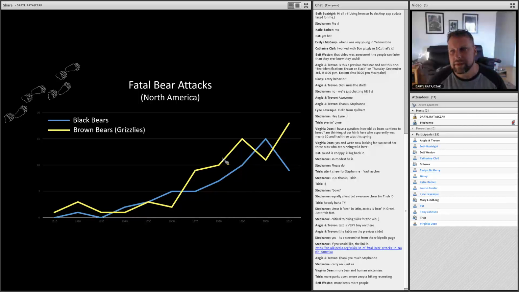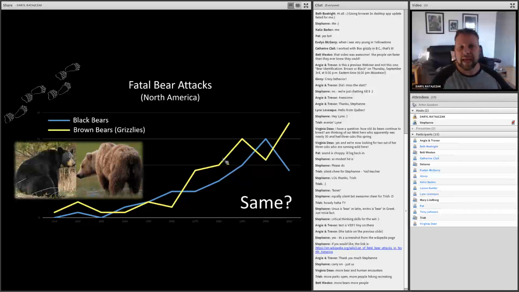There's some subtle differences if you start picking it apart. But right off the bat, as soon as I plotted that, it's like, oh my gosh. It doesn't matter if you encounter a black bear or a brown bear or a grizzly. They're just as equally likely to have a negative interaction with you. And so that would be true unless you know more about these individual species.